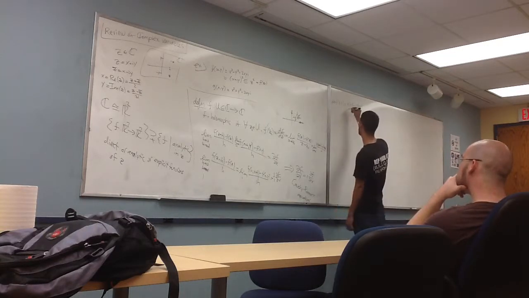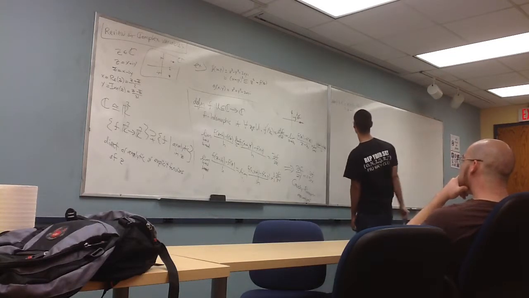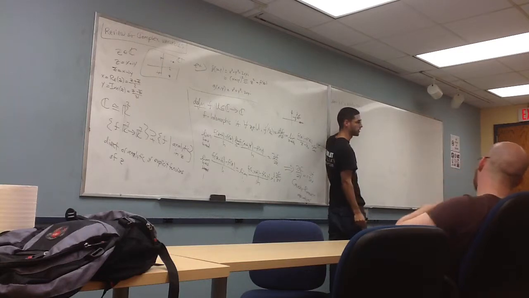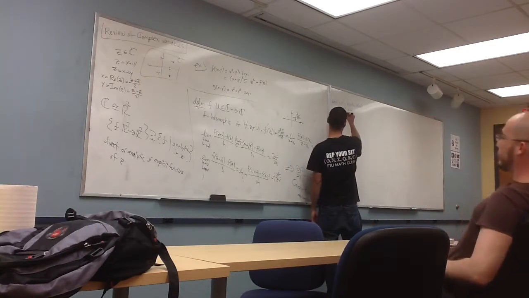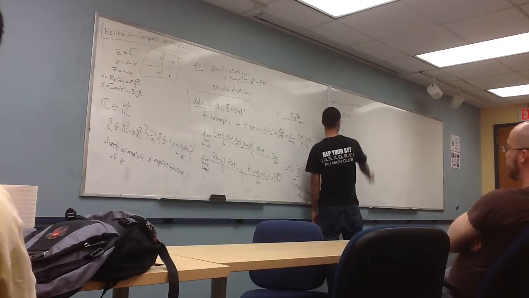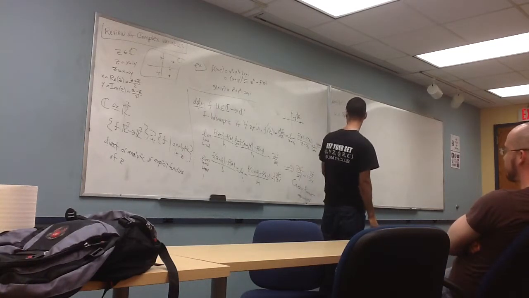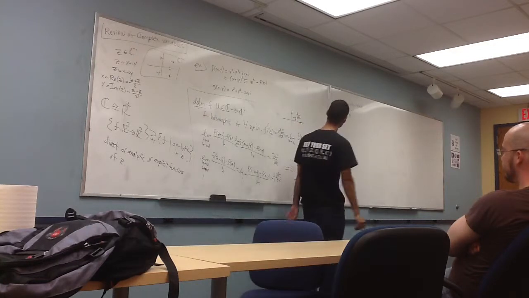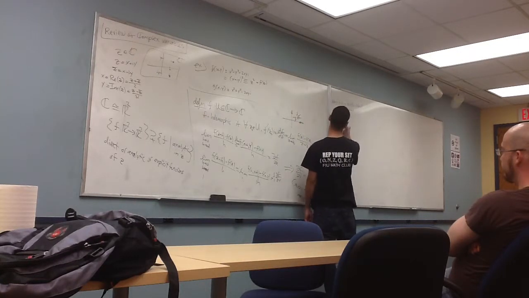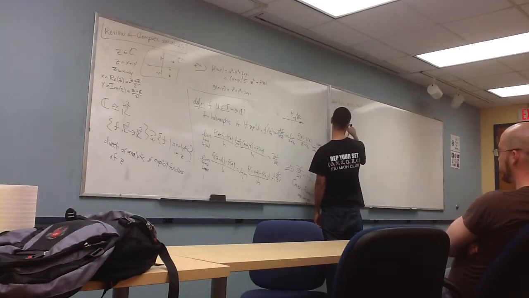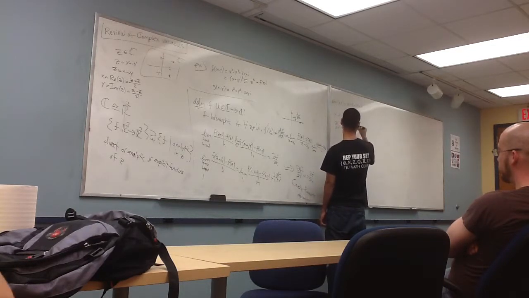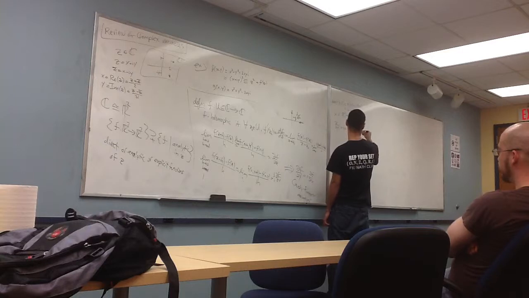Or shorthand, just u plus iv, where u and v are functions from R2 to R. And if this is the case, then we have to have that the partial with respect to y of u plus iv is i times the partial with respect to x of u plus iv.